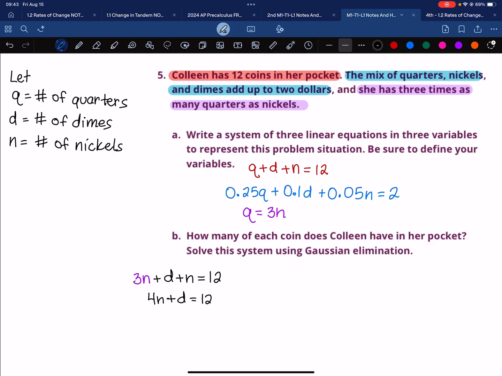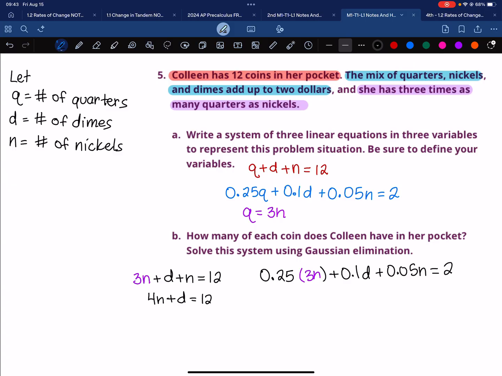From here, we can plug it into the other equation. So we have 0.25 times 3n plus 0.1d plus 0.05n equal to 2.